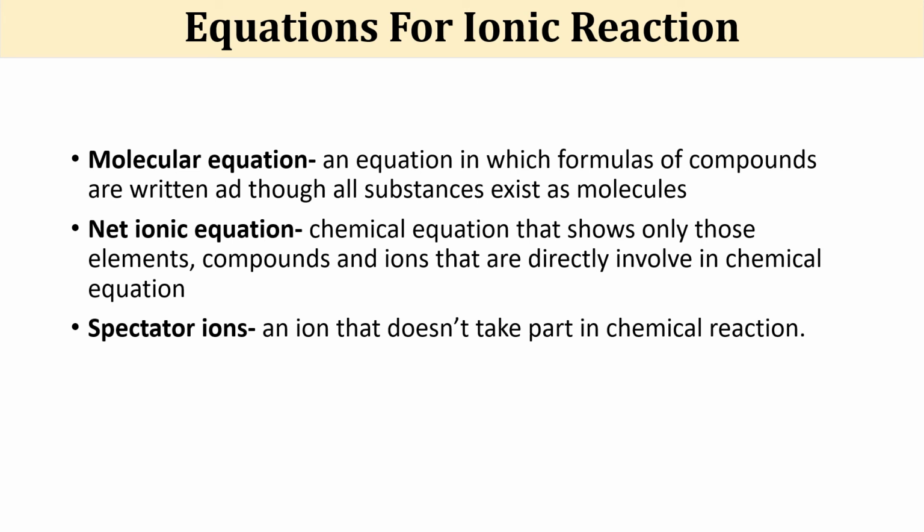A net ionic equation is a chemical equation that shows only those elements, compounds or ions that are directly involved in the chemical reaction. And spectator ions are ions that do not take part in the chemical reaction.